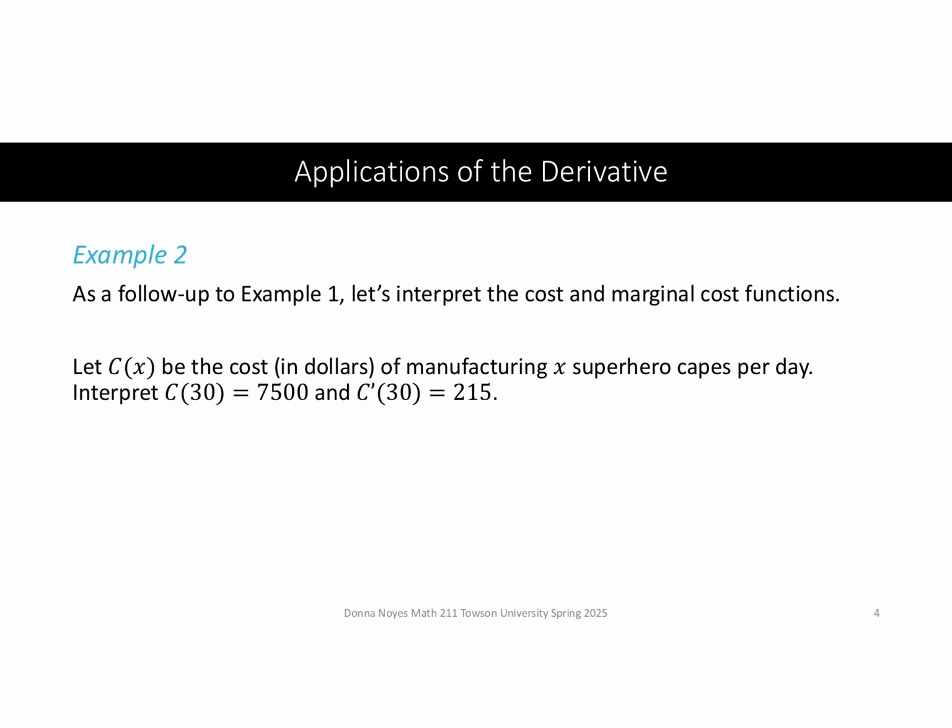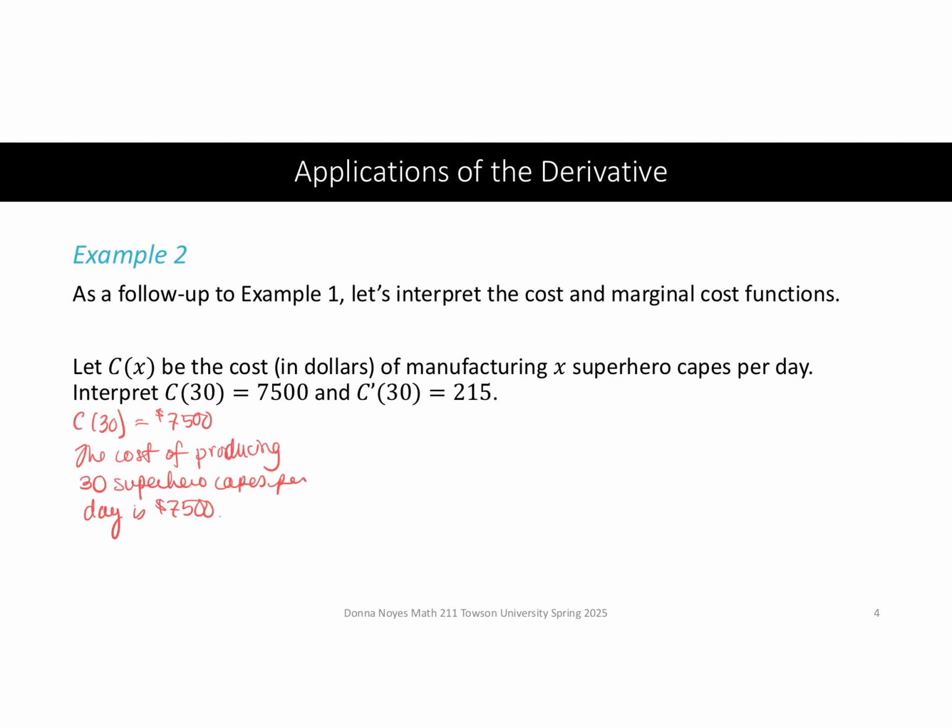So C of 30 equaling $7,500 means the cost of producing 30 superhero capes per day is $7,500.